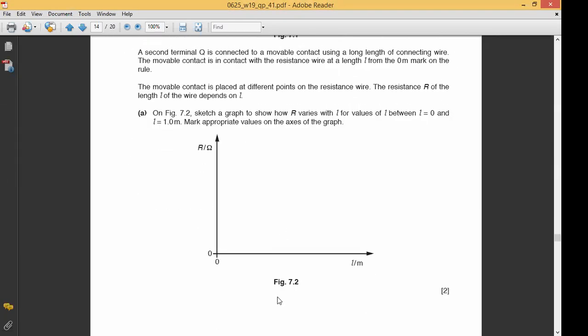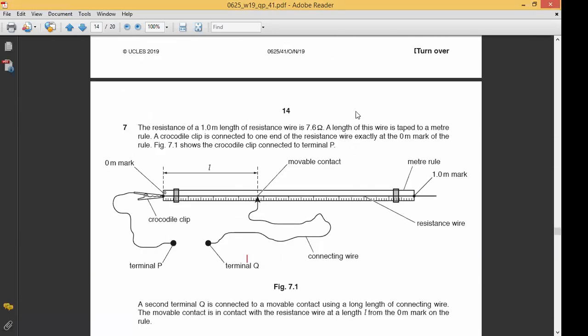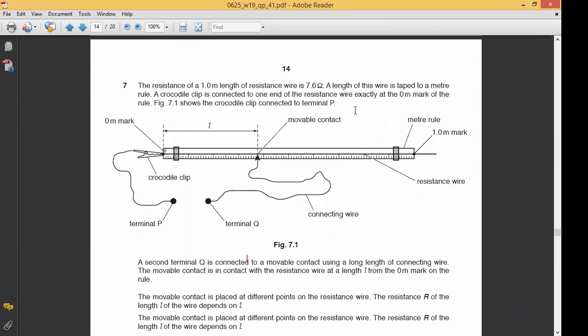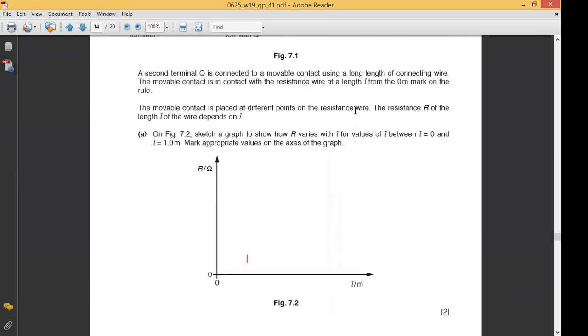So we would come here and fix 1 meter here. When it's 1 meter, what's the resistance of the wire? It is 7.6.